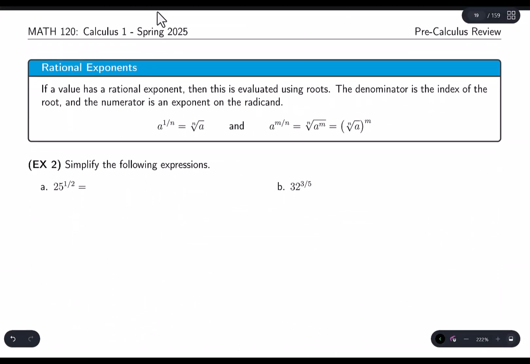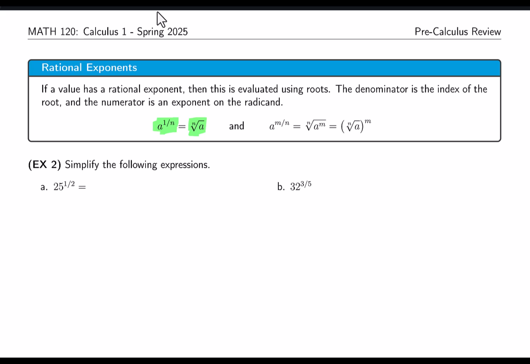All right, so as I mentioned, we need to be able to change formats. Sometimes we'll have something written as a rational exponent. Sometimes we'll have an index, like the root notation, the radical notation. We need to be able to change those things. So the nth root of a is the same thing as a to the 1 over n power.